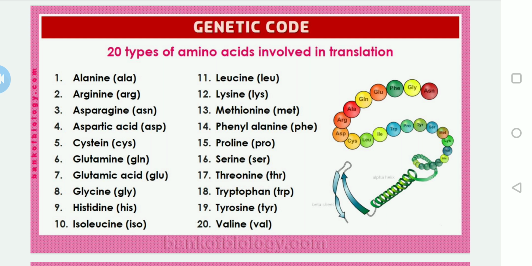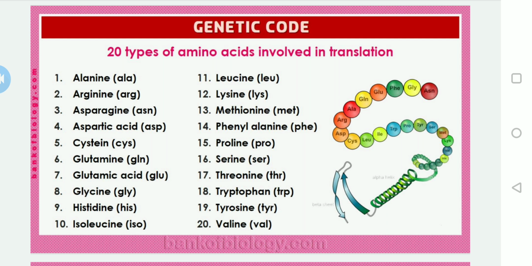For example, the first one is alanine, written as ALA. Arginine, short form ARG. Asparagine, ASN. Aspartic acid, cysteine. Glutamine, glutamic acid. Glycine, histidine. Isoleucine, leucine.